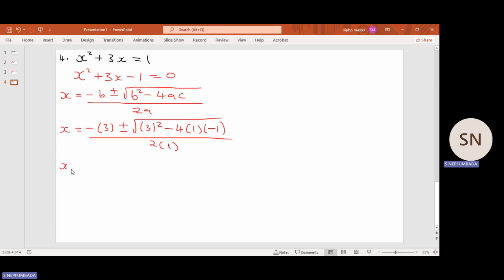Then we press everything on our calculator so that we may get our solution.